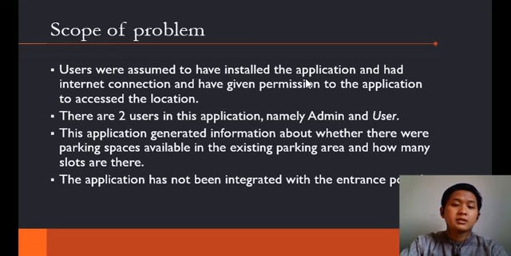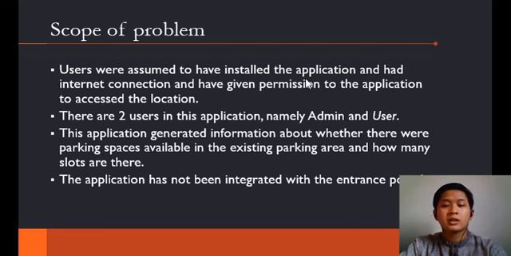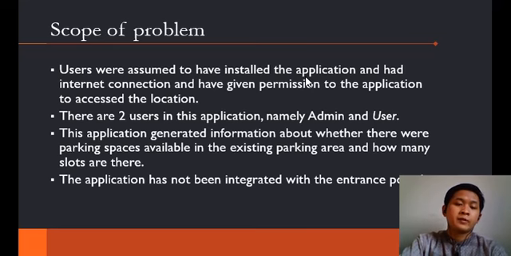This application generated information about whether there were parking spaces available in the existing parking area and how many slots are there. And last, the application has not been integrated with the entrance portal.